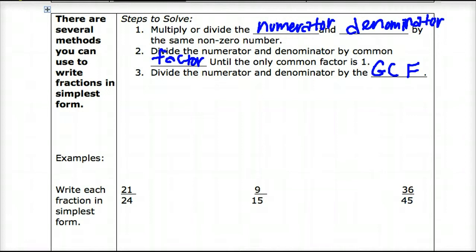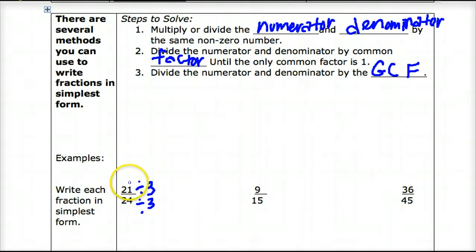The first example that we have here is 21 over 24, 21 24ths. And we know that if we are dealing with 21 and 24, that both of those numbers can be divided by 3. So knowing that 3 is a factor of both 21 and 24, I am simply going to put a division sign and a 3 next to the top and bottom to remind me that whatever I do to the top must also be done to the bottom.